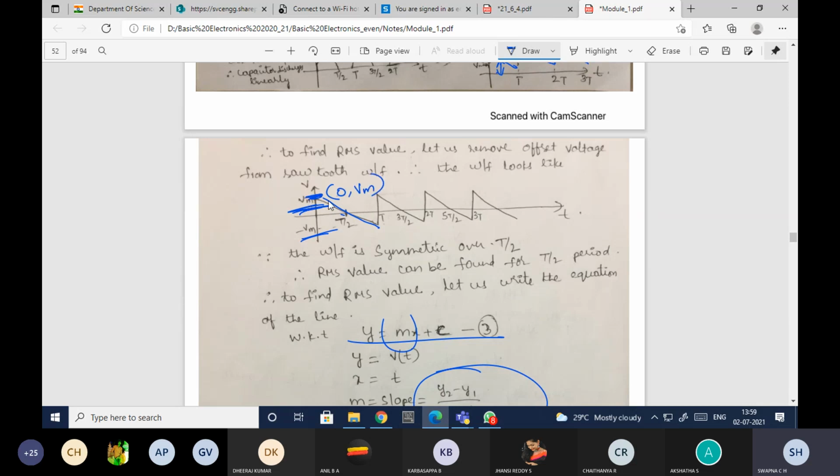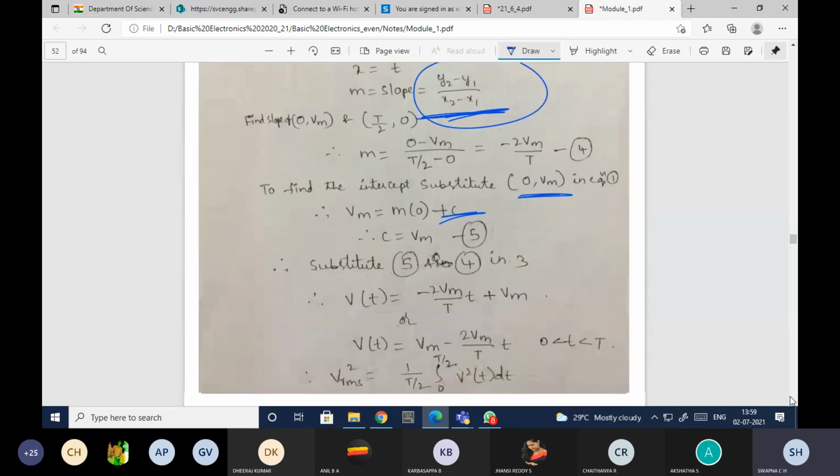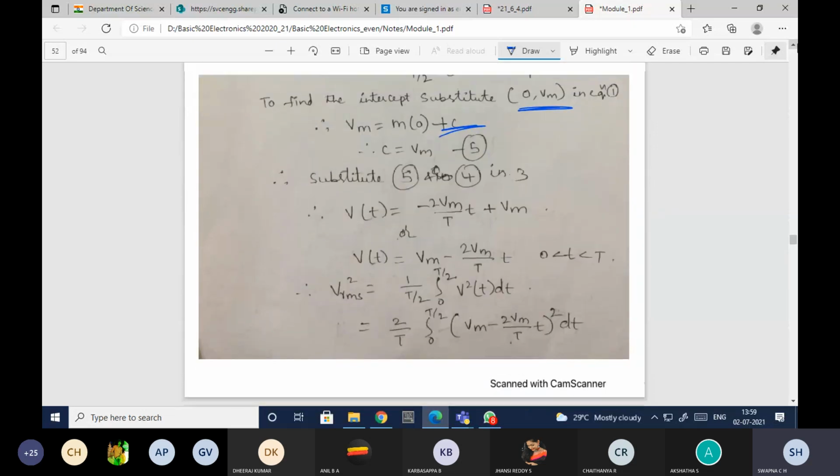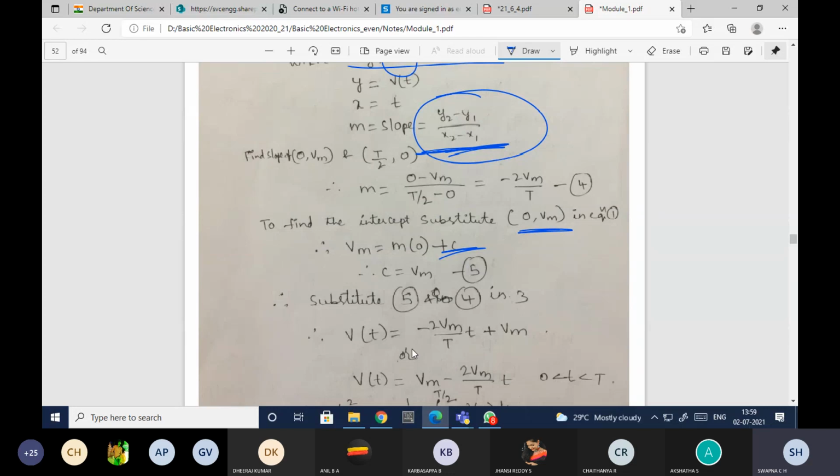Here I have the maximum value Vm, with the time on the x-axis as 0 and y-axis as Vm. So I have substituted that, and then I have got the equation for V of t like this.